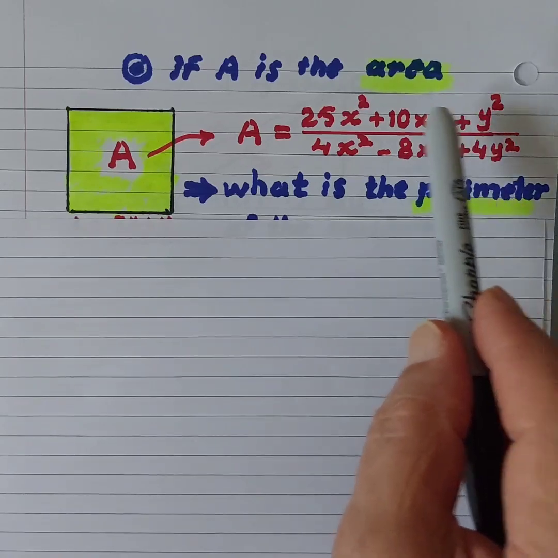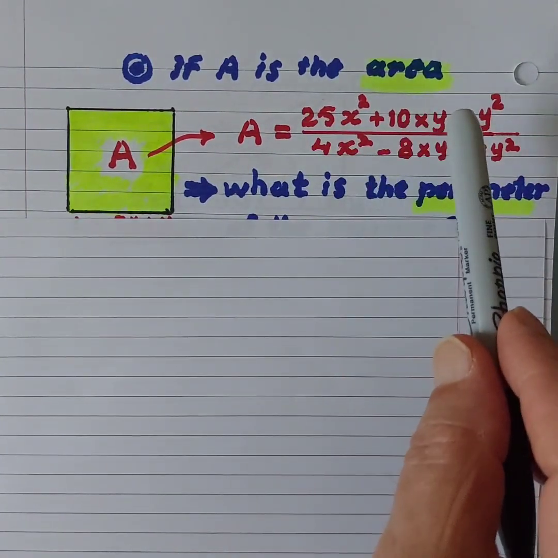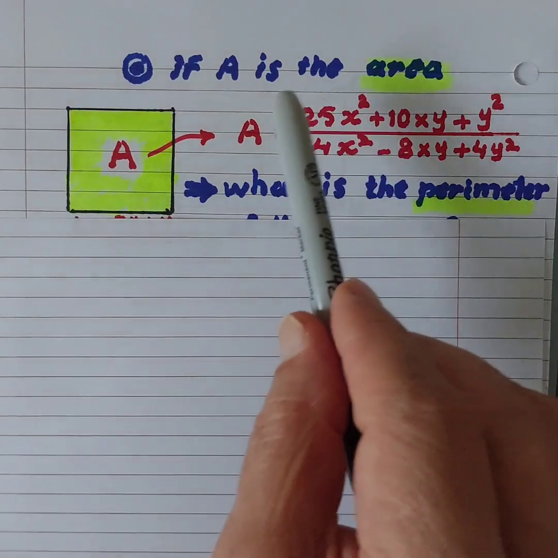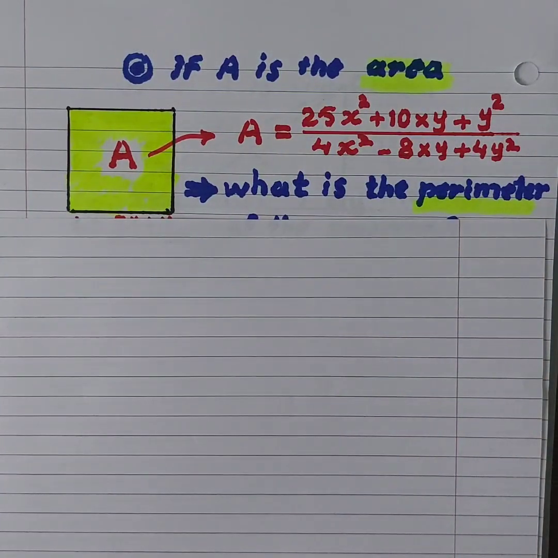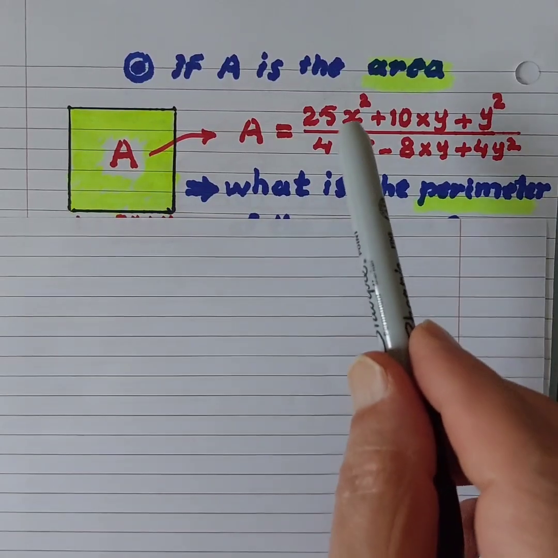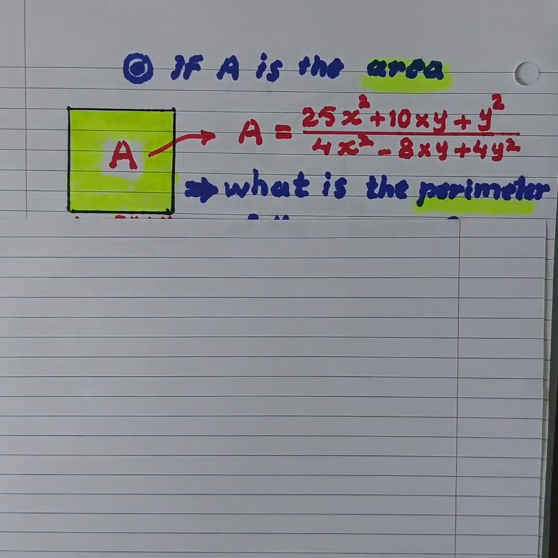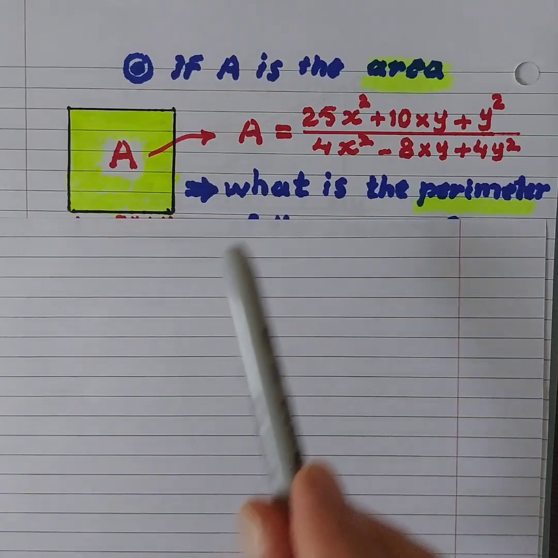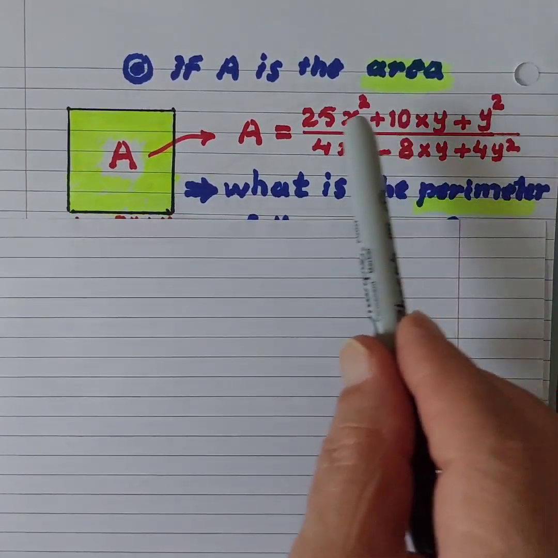You see, we have here a numerator and a denominator. We can simplify this form by making factorization here and factorization here. What kind of factorization can we do here?